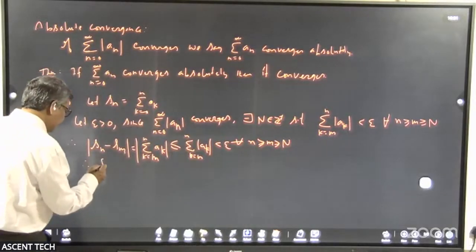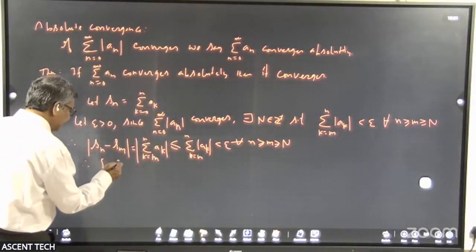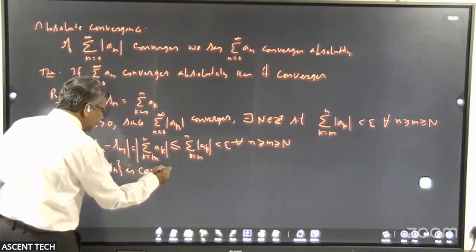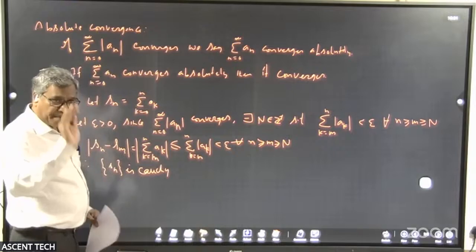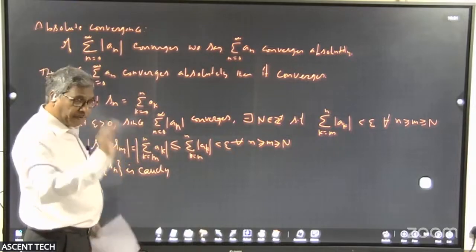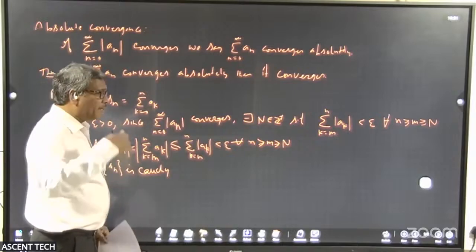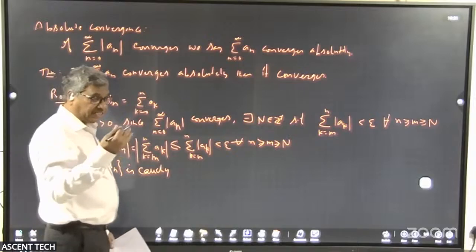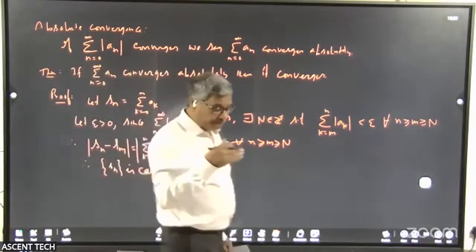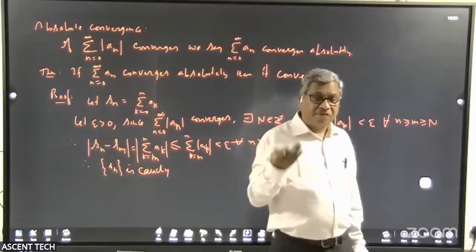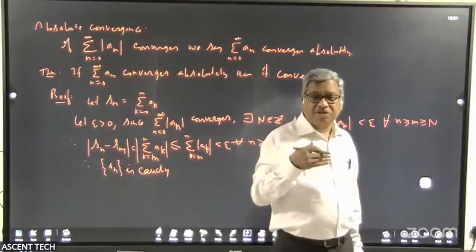Therefore, S_n is Cauchy. A Cauchy sequence in the complex plane should converge because the complex plane is complete. Completeness of a metric space means that a space X is said to be complete if every Cauchy sequence converges.